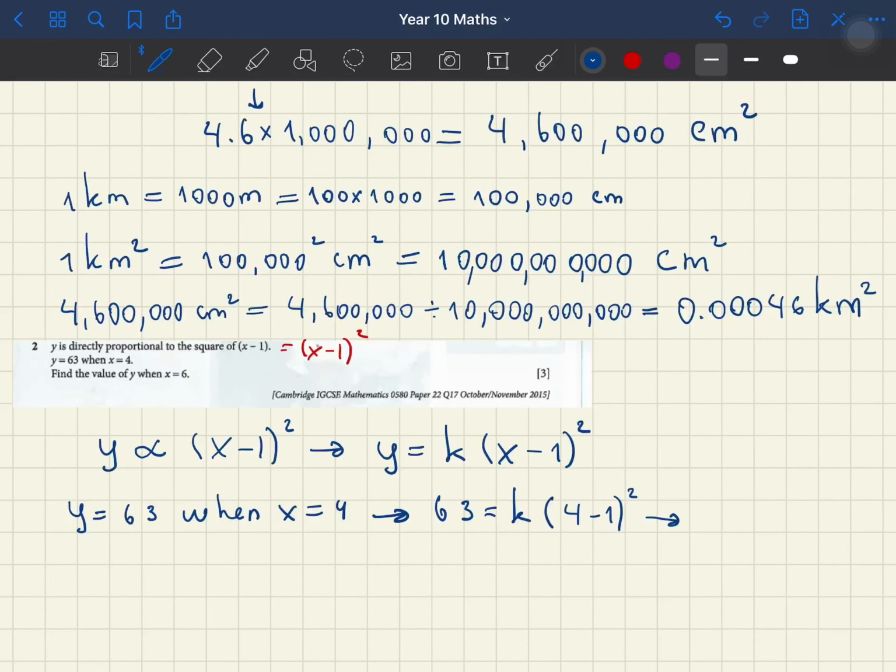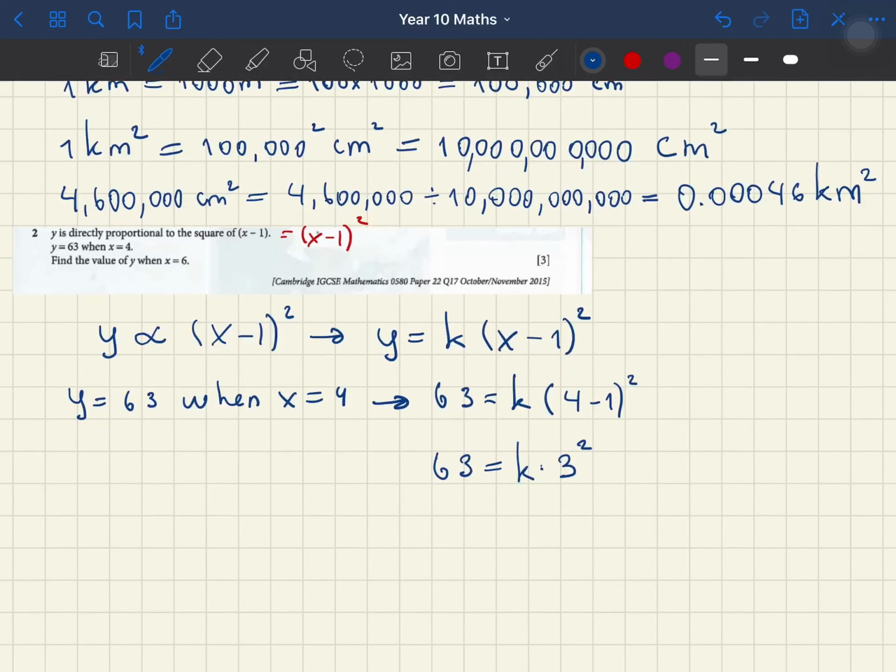So 63 would be equal to k times 3 squared, which means that 63 equals k times 9.